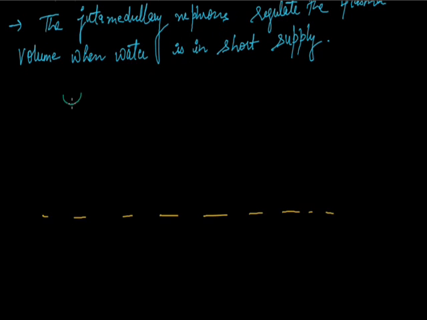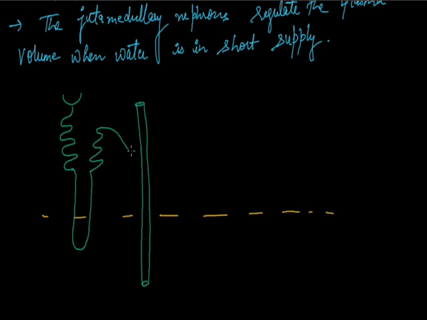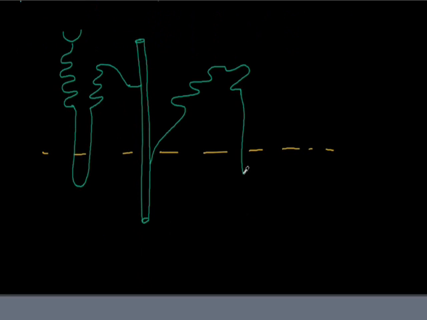If we see the diagram, this is the Bowman capsule, PCT, loop of Henle, DCT, duct. Again, this will be the long loop of Henle.